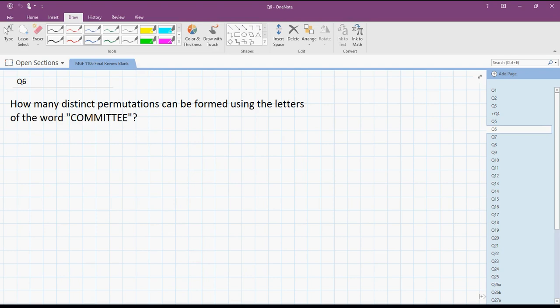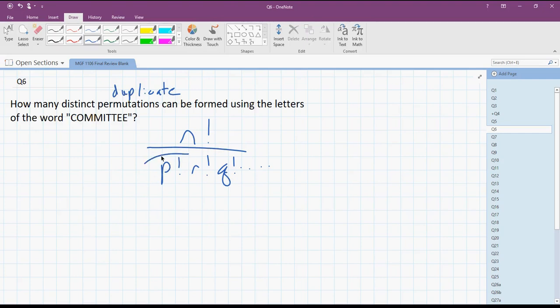Yeah, this is the duplicate permutation formula that we have to run. So this is a permutation, but it's all about the duplicates. Because we have letters that happen more than once. So remember when we're running this, the formula is n factorial over your p factorial, r factorial, q factorial, and it just keeps going.